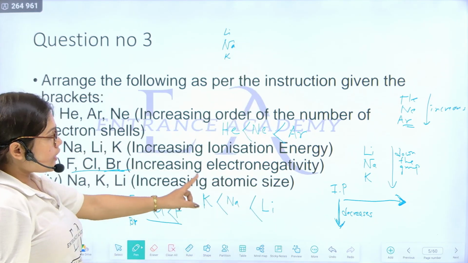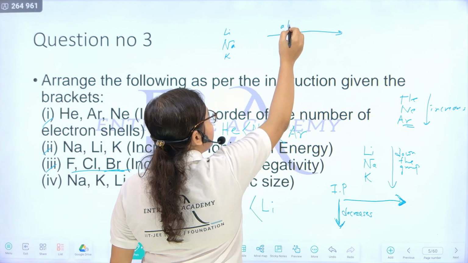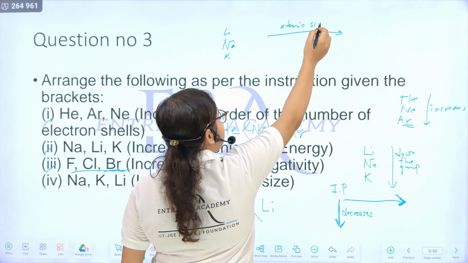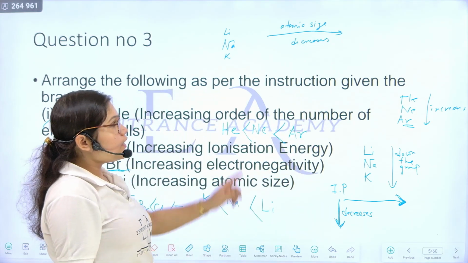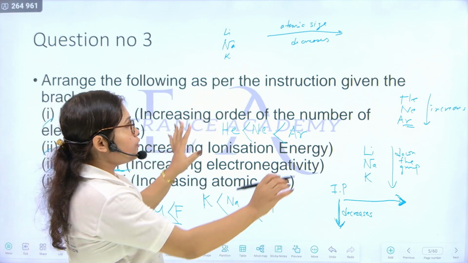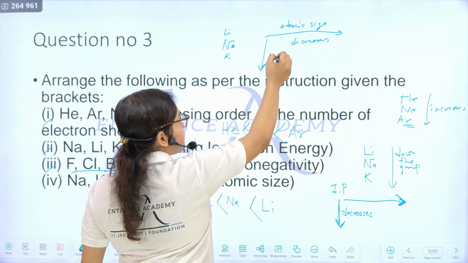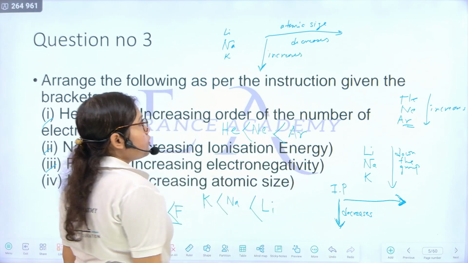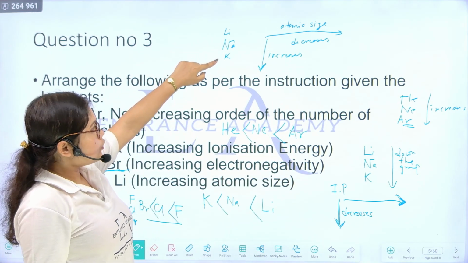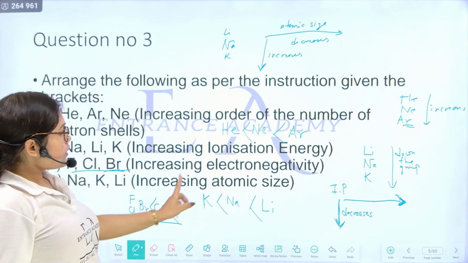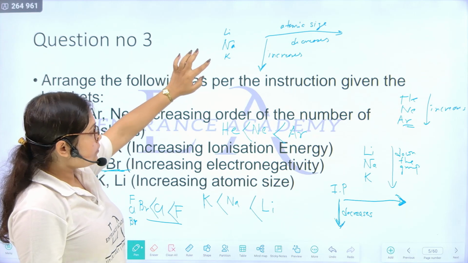Now the trend of atomic size: across a period from left to right, atomic size decreases, and down the group, atomic size increases. According to the periodic table, lithium is placed first, then sodium, and lastly potassium. Atomic size increases down the group, so it is maximum in case of potassium.